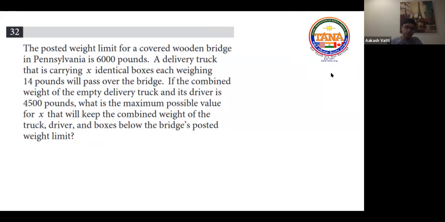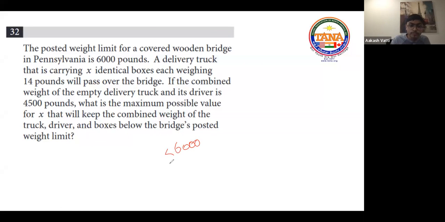All right, so for this question, what we're given is the truck is overall limited in weight to 6,000.